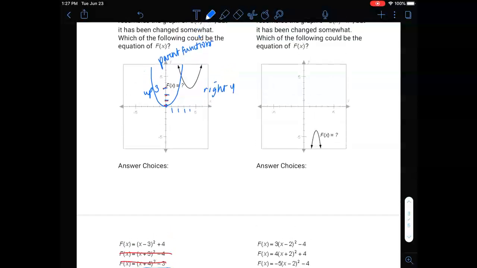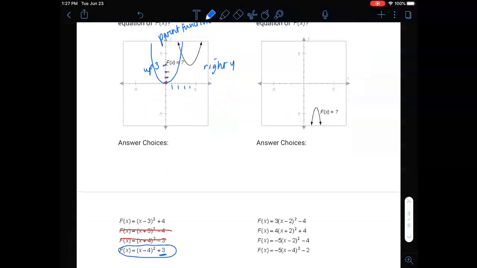Now for number 8, again, our normal parent function looks like this. We can clearly see that it's reflected across the x-axis. We have moved right 2, and then 1, 2, 3, 4, so we've moved down 4.